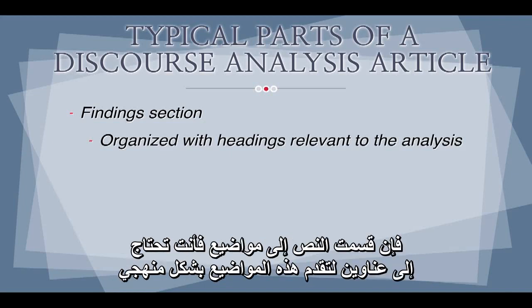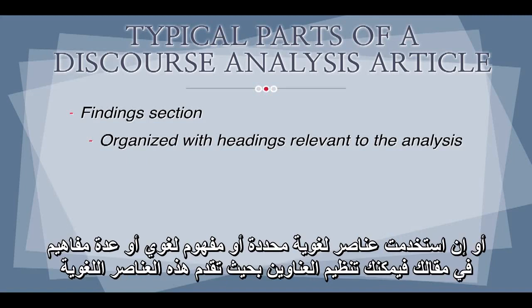So if you break things into themes, you want to have headings that present those themes systematically. Or if you're using particular aspects of a linguistic element or a linguistic concept in your piece, or several different ones, you could organize the headings to be about those specific linguistic elements.